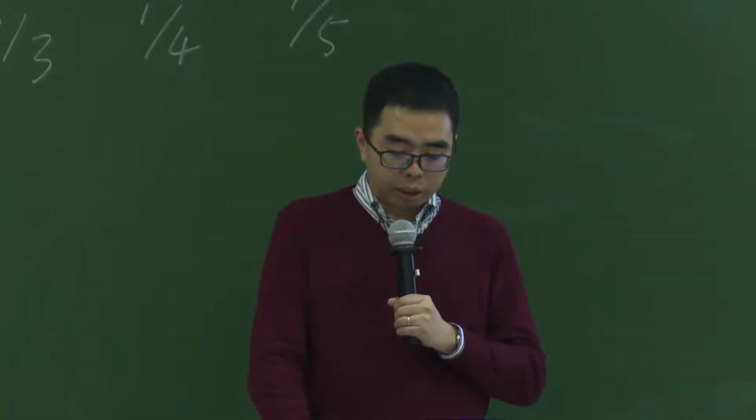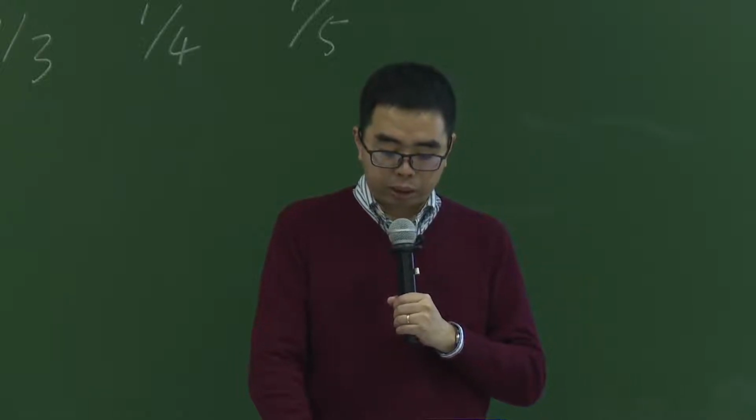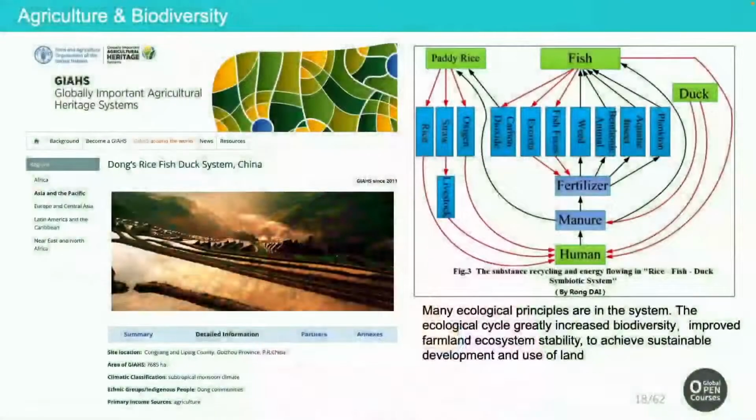This agro-ecosystem is the evolving result of co-evolution of human culture and environment, and it has been developed as an extraordinary living model for sustainable use of water and soil resources. A lot of ecological principles are in this system. The ecological cycle greatly increased biodiversity and improved farm ecosystem stability to achieve sustainable development and use of water.